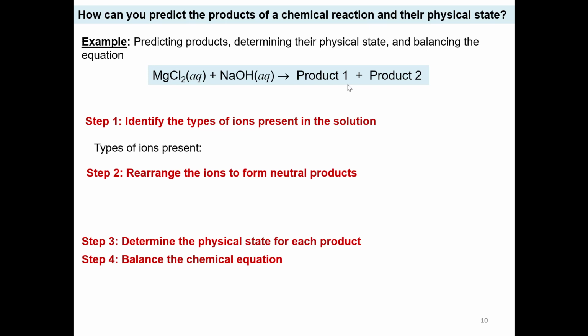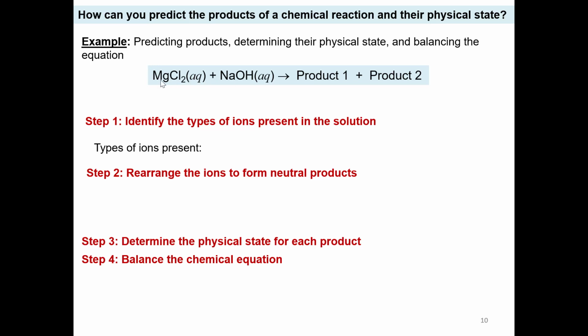In this example, we want to predict the products, in this case 2 products, if magnesium chloride reacts with sodium hydroxide. Then let's start with step number 1. We want to identify the type of ions present in the solution. And in this case, we want to identify the ions present in the reactants.